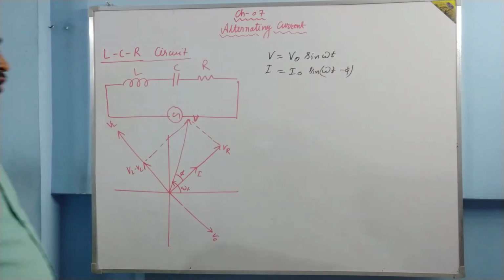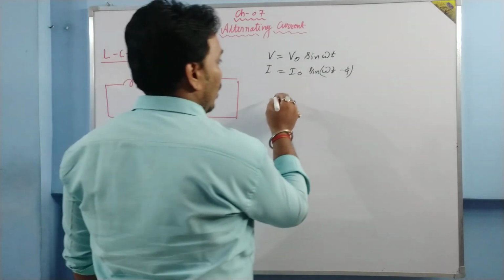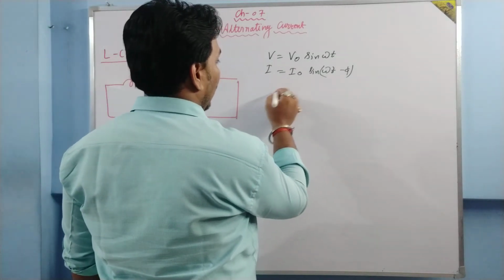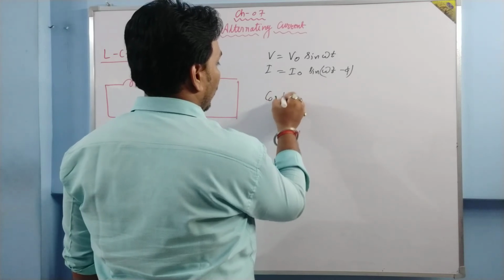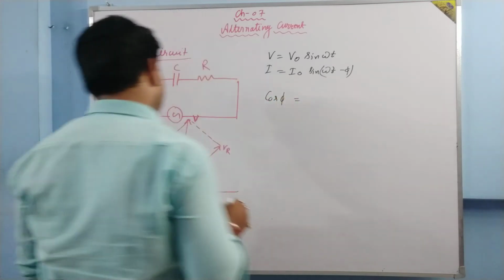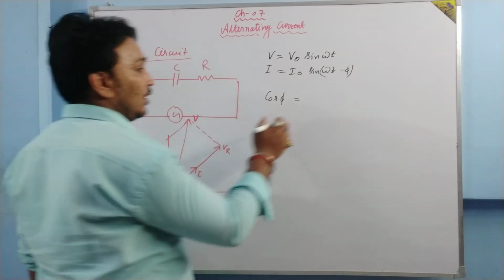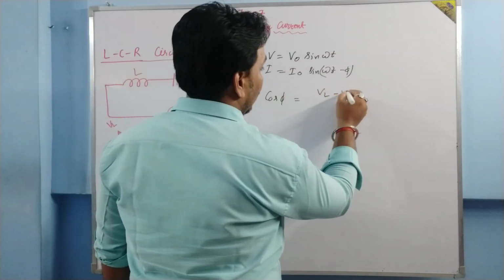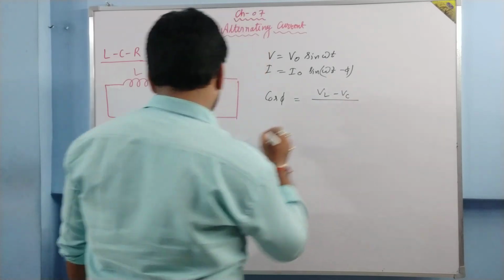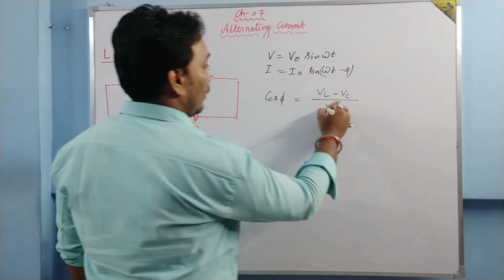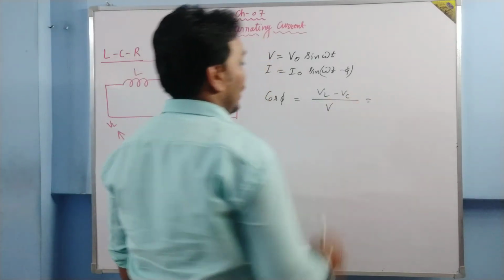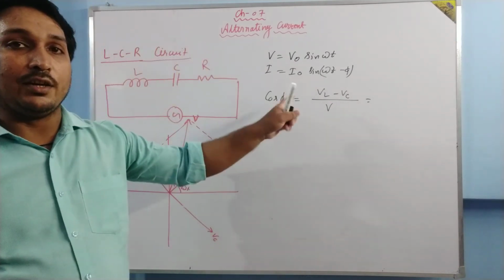Okay, now the value of cos phi, because in power cos phi is required. The value of cos phi is this side upon hypotenuse. So this side is what? VL minus VC upon this very side, that is V. So VL can be written as I into XL, VC can be written as I into XC.